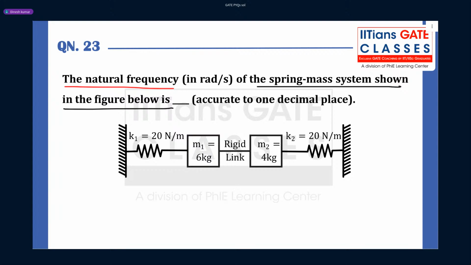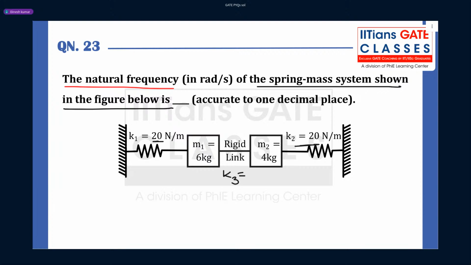Why, Amit, is it 1 degree of freedom? See, in this question they have given K1 20, K2 20, right? So what about this K3? What is the K value, the stiffness, for a rigid link?